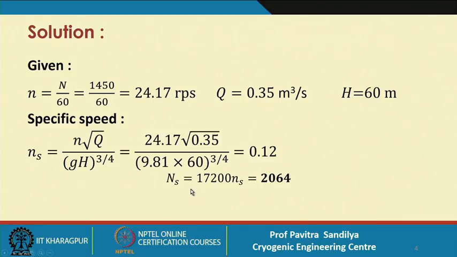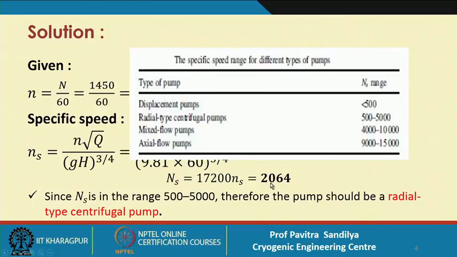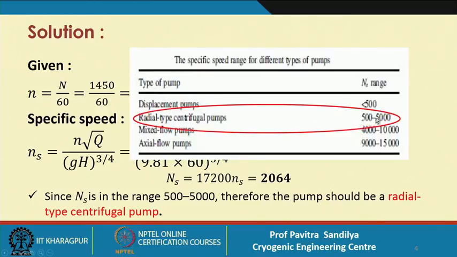We also learnt in our lecture how to convert the small ns into the capital Ns by multiplying by this particular factor, and we get this value of the specific speed. Now, in this table supplied by the manufacturer, we locate this value, and we find it comes between 500 and 5000, and for this we have the radial type of centrifugal pump.